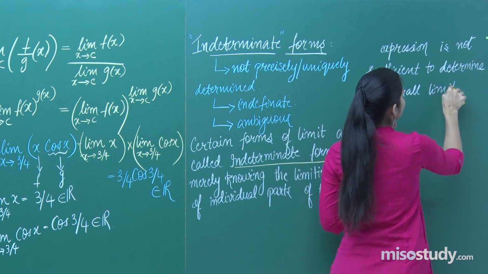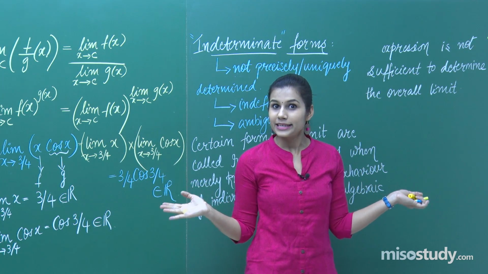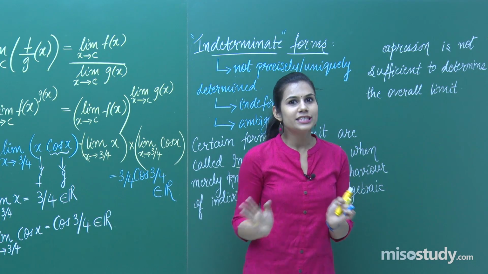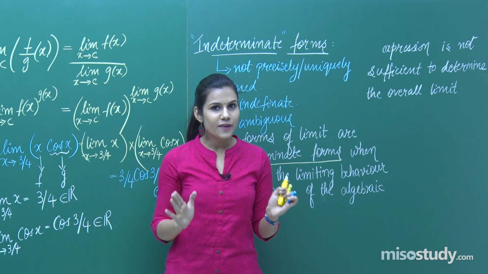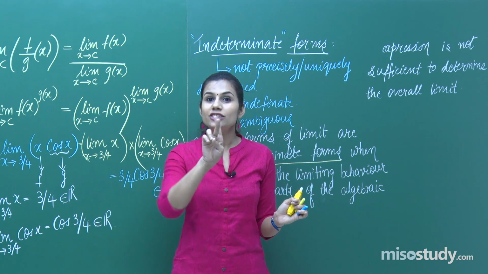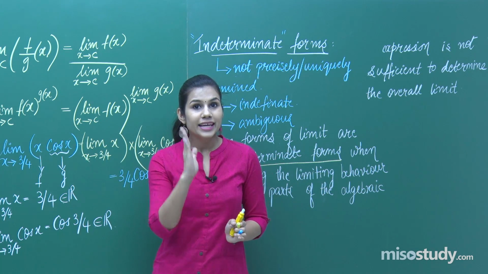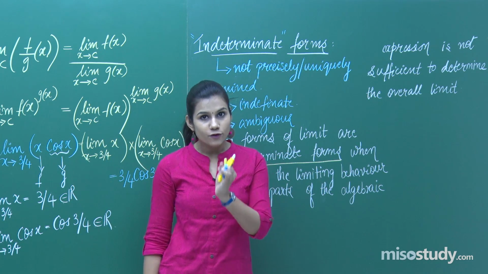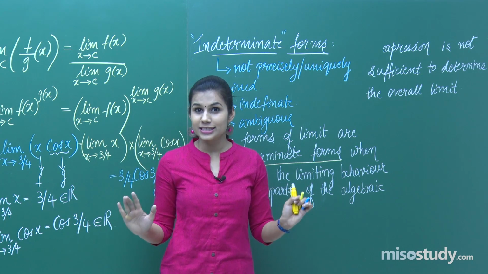See, the definition itself is standing as the evidence of my statement. I told you it is not always a compulsion that in order to evaluate the limiting behavior of the algebraic combination of two functions, just the limiting behavior of the individual two functions involved in that algebraic expression is sufficient. No, it's not always just sufficient.